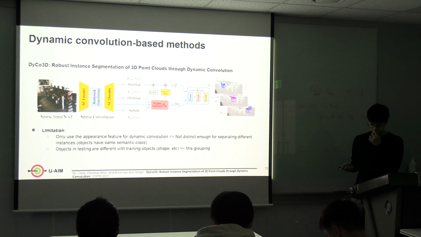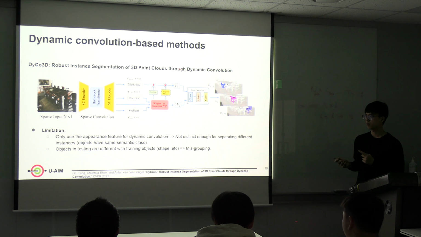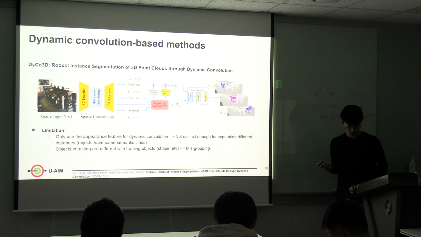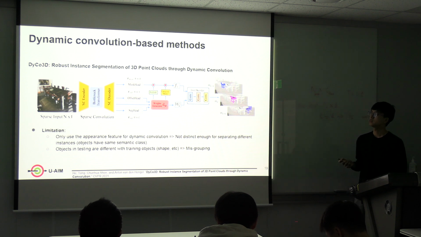So I think the dynamic convolution method here is very similar to the one-stage approach in 2D object detection, and the clustering based method is similar to the two-stage method in 2D object detection.